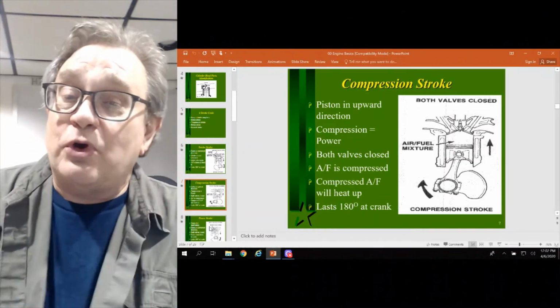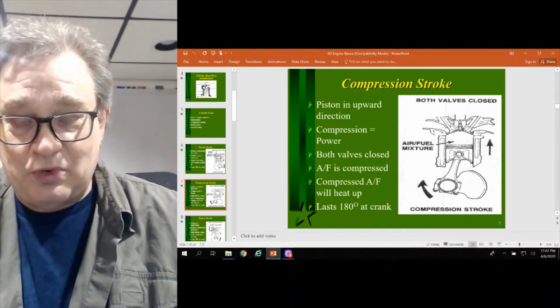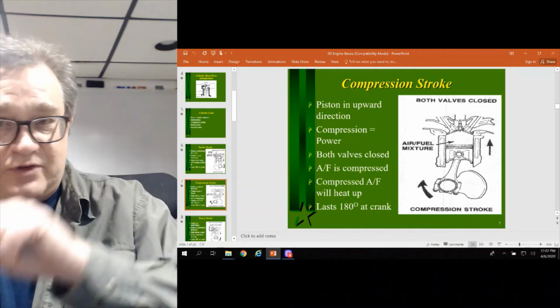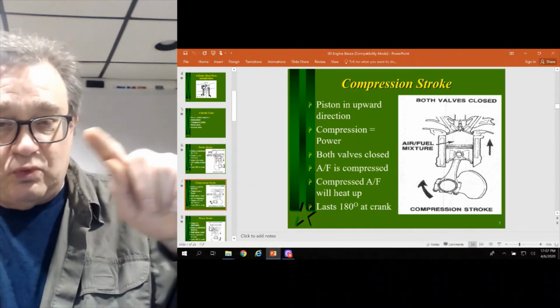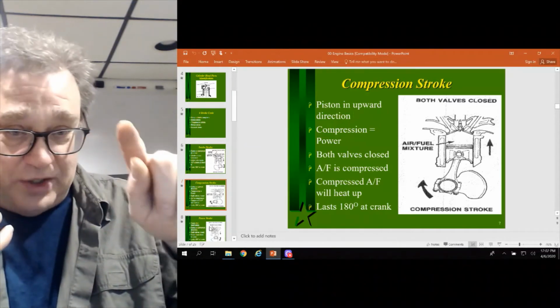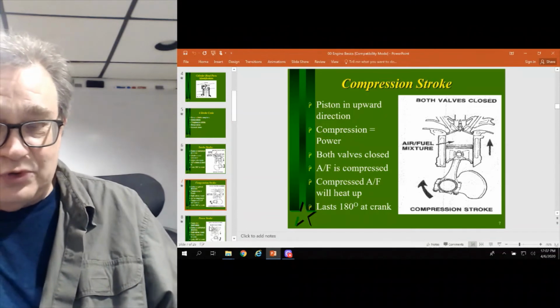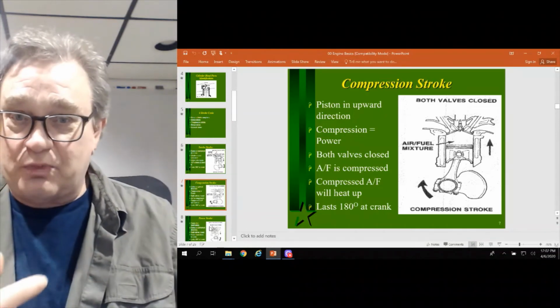The compression stroke. This is another 180 degrees of crankshaft rotation. So the crankshaft has rotated 180 degrees and 180 degrees, so it's gone around one time. This is one crankshaft revolution with the intake stroke and the compression stroke.